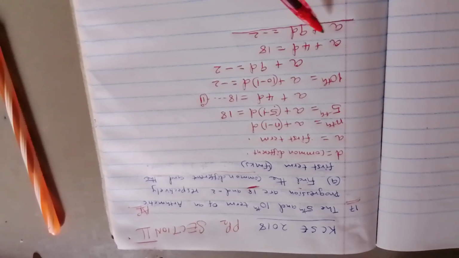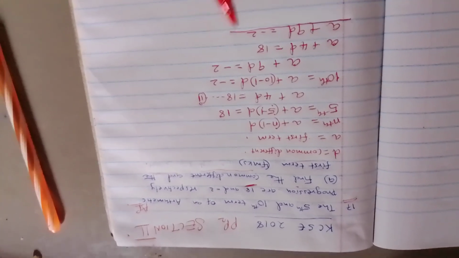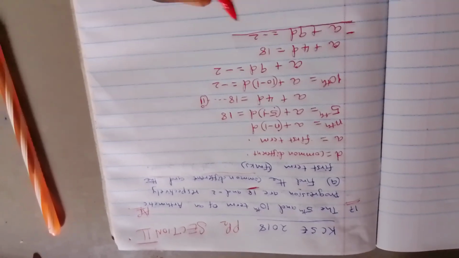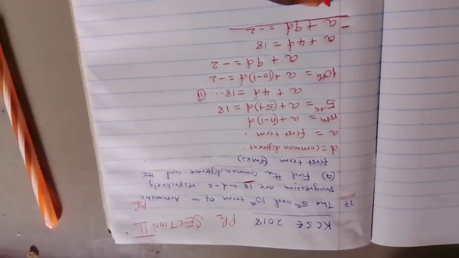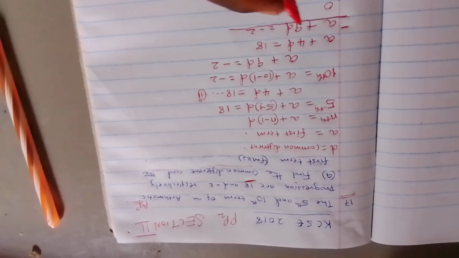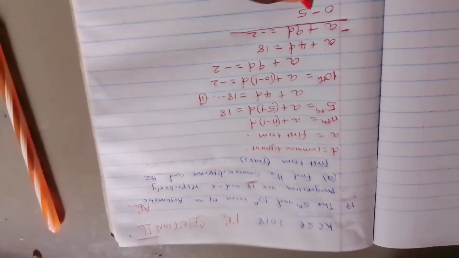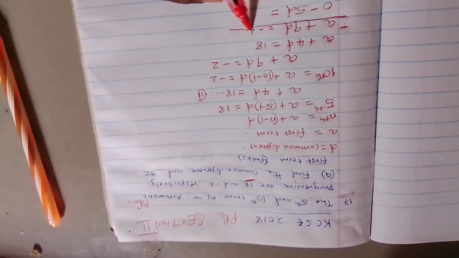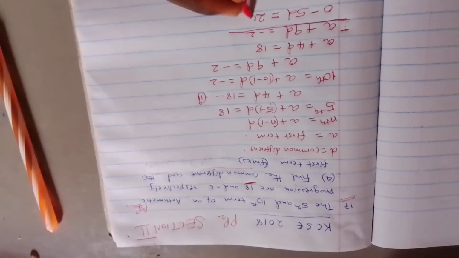So we can solve it by the subtraction method, since a is simple to remove. Therefore, a minus a is equal to 0, and 4d minus 9d is equal to -5d, which is equal to 18 minus -2, which is +20.